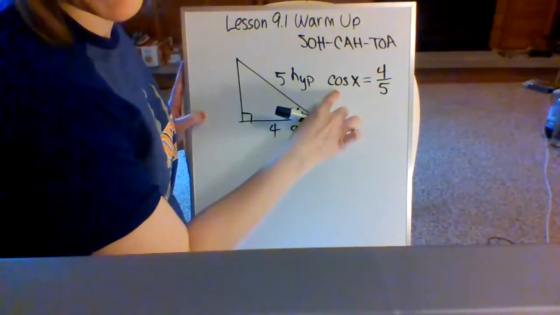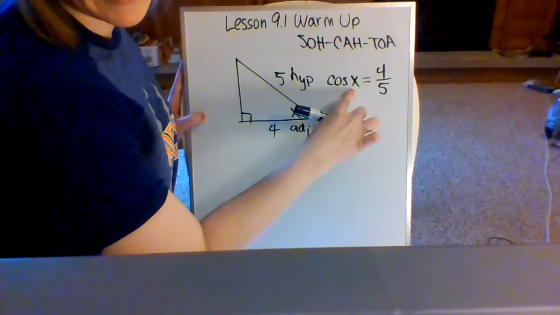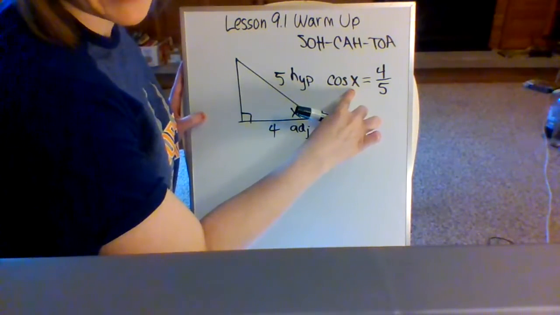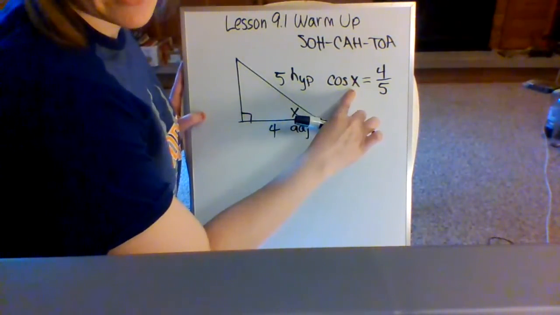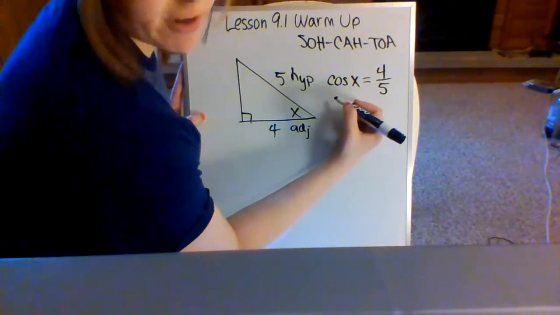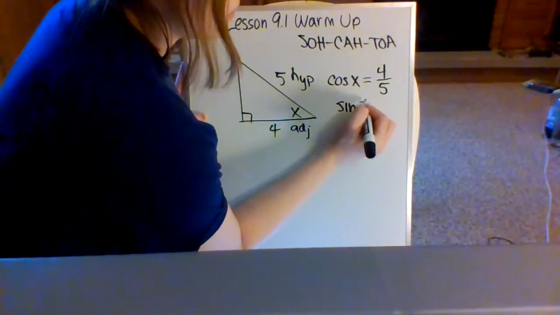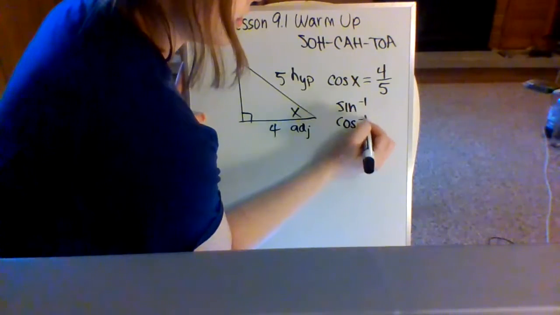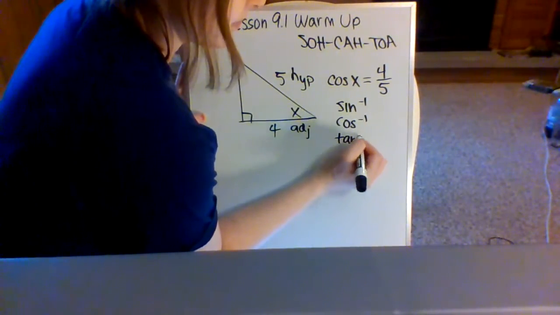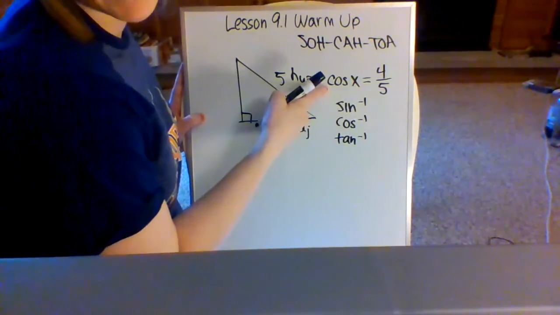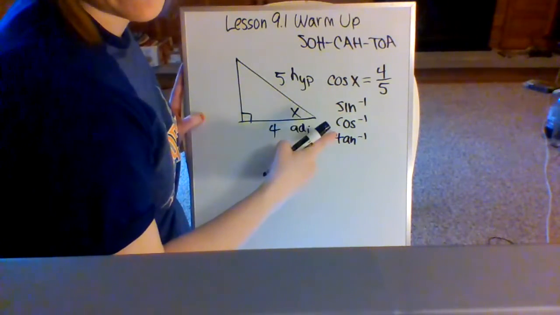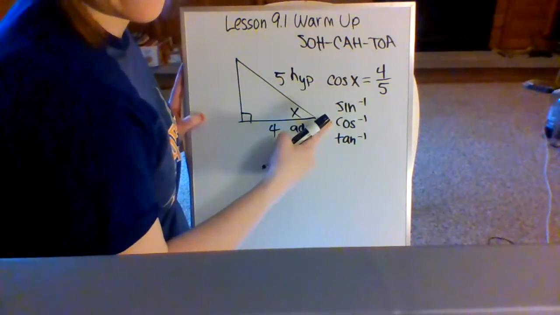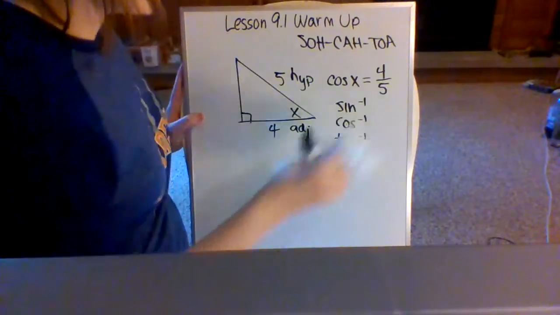Now, this is a problem where we're going to have to use cosine inverse because we're trying to find an angle. So when you're trying to find an angle, you either use sine inverse, cosine inverse, or tangent inverse. So since this is cosine x, we're going to use cosine inverse. Okay?